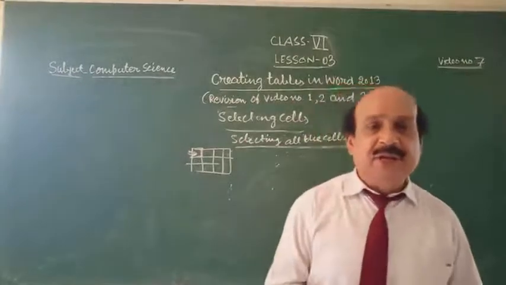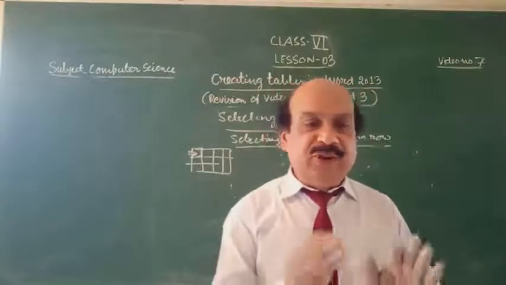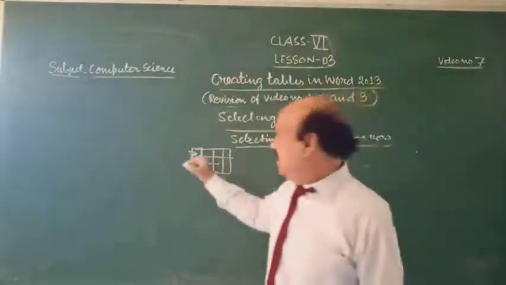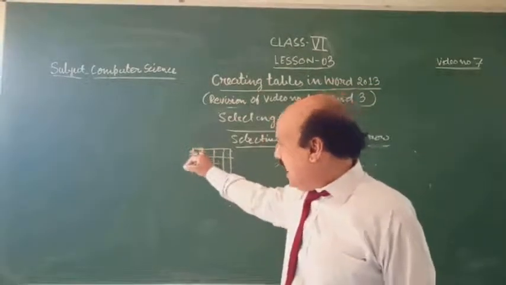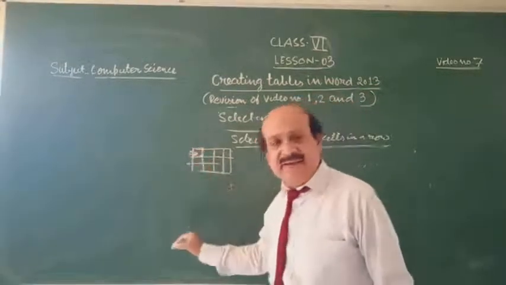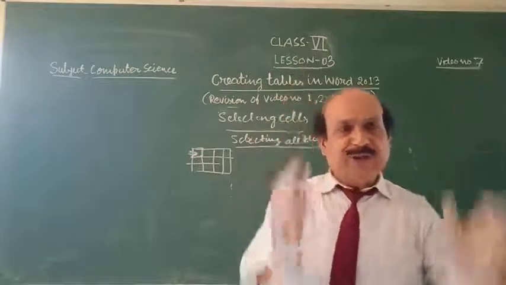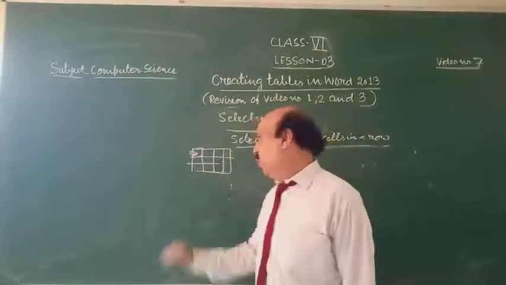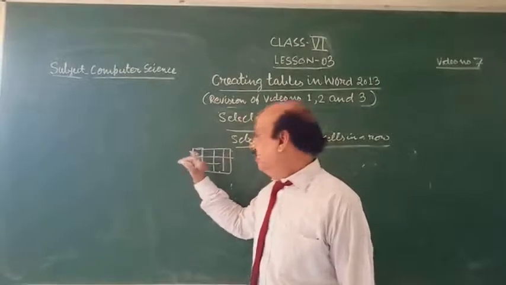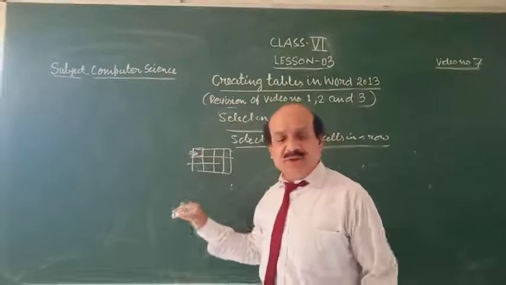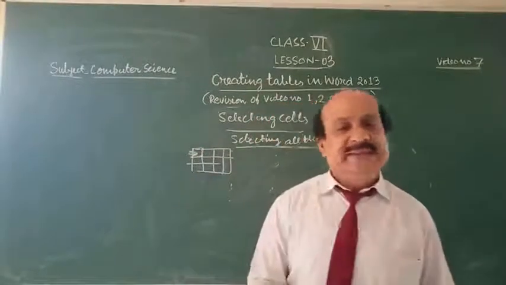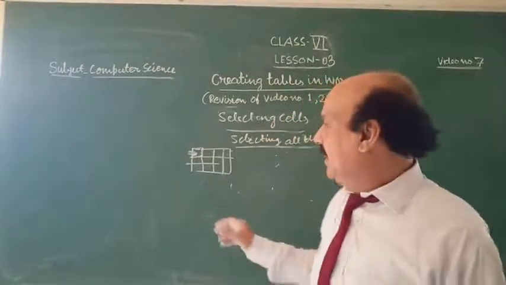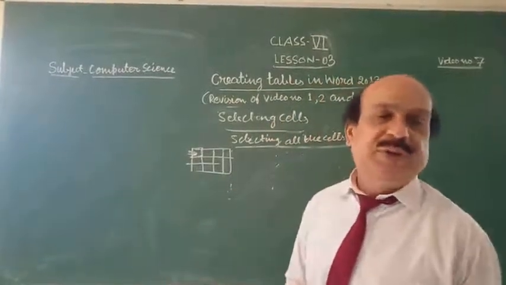The entire row will be selected. When you have selected it, drag it to the bottom so all the rows will be selected. This is the way we can select the rows. All the cells you have selected will become dark, and you can input the value you want to input.